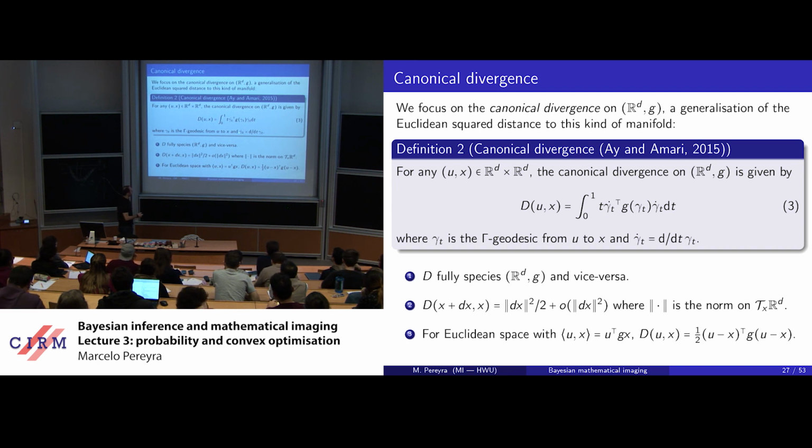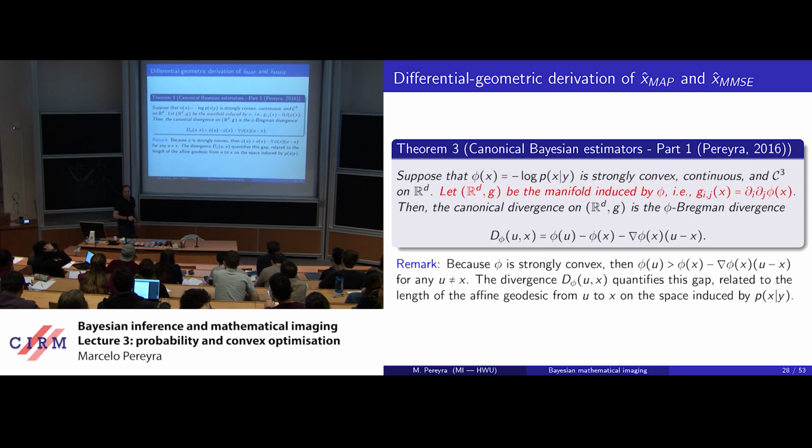You're going from mu to x by integrating those affine geodesics in a specific way, and that's exactly what your Bregman divergence measures. Okay, so the canonical divergence is the Bregman divergence in this case.